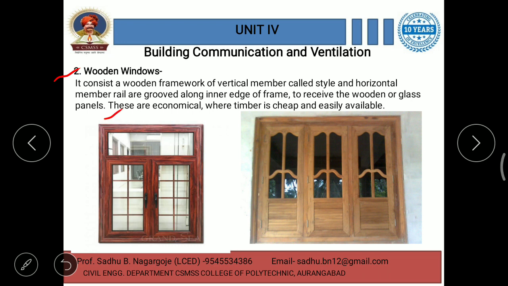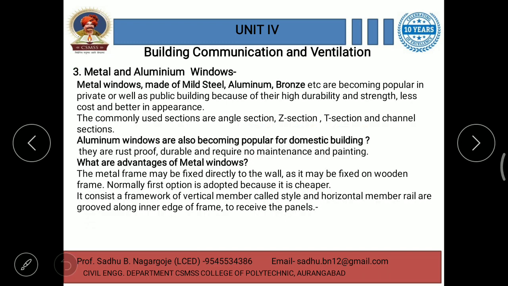These are economical where timber is cheap and easily available. This type is preferred when the raw material, that is wood or timber, is available easily at a nearby site. So these are the wooden windows.